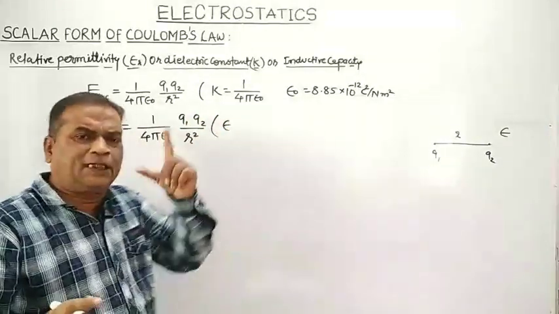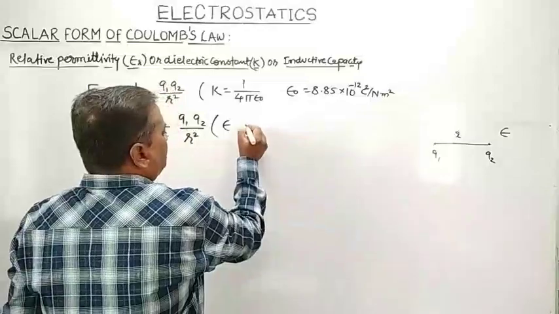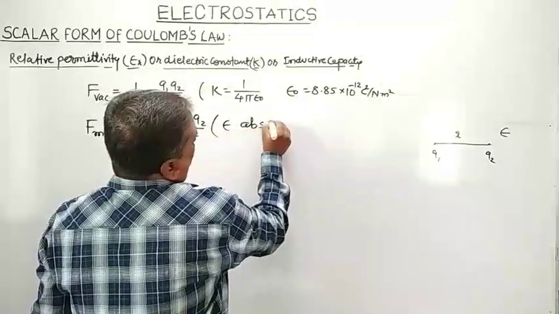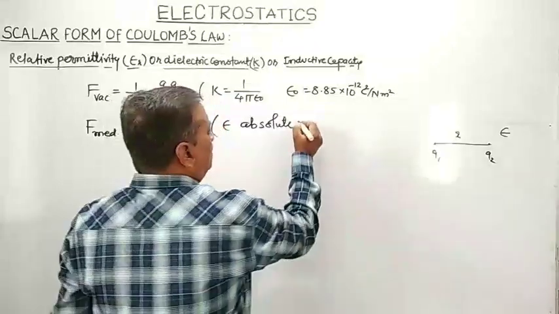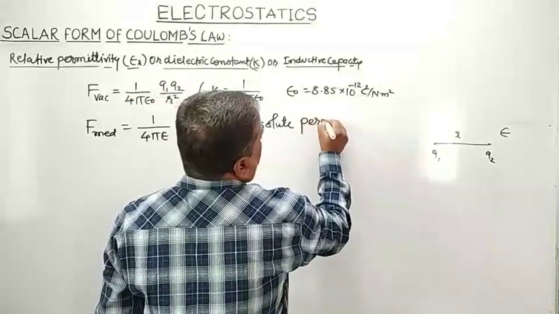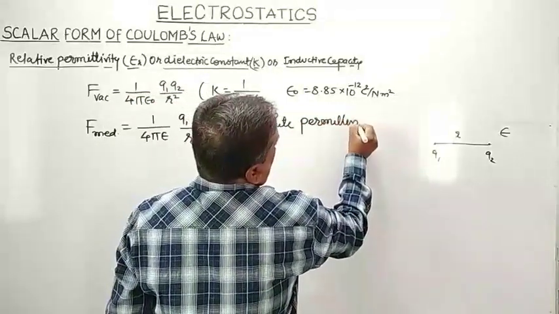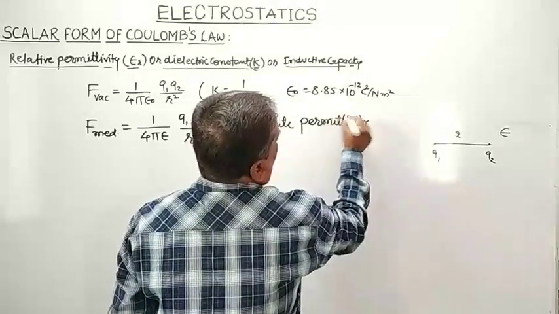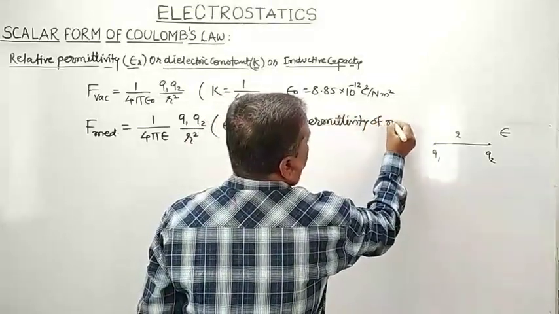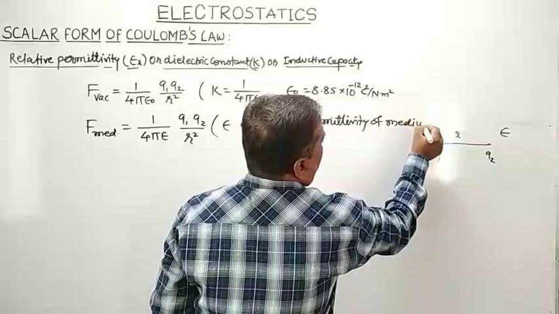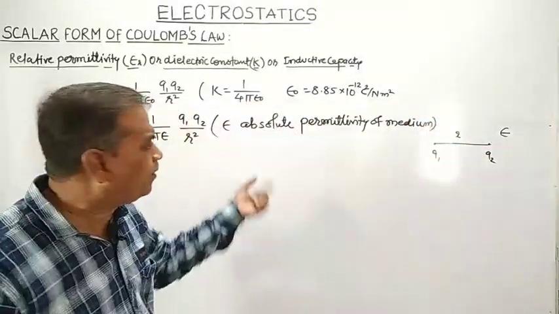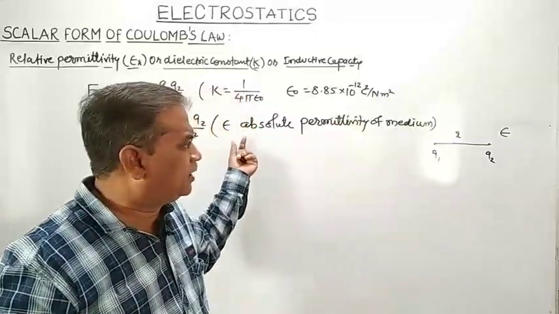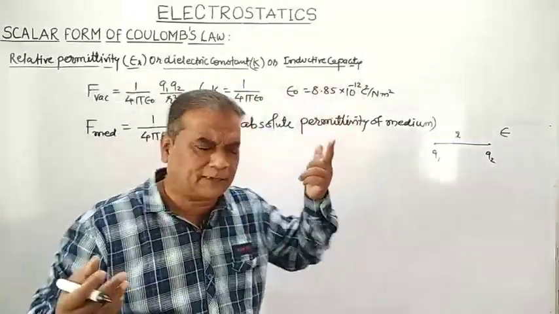Here what is epsilon known as? Epsilon is absolute permittivity, the absolute permittivity of the medium in which the charges are kept. Epsilon 0 is the permittivity of free space.